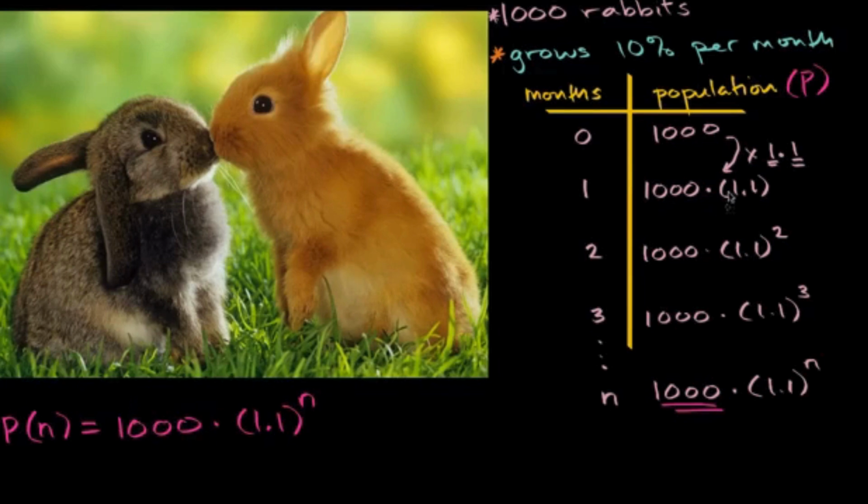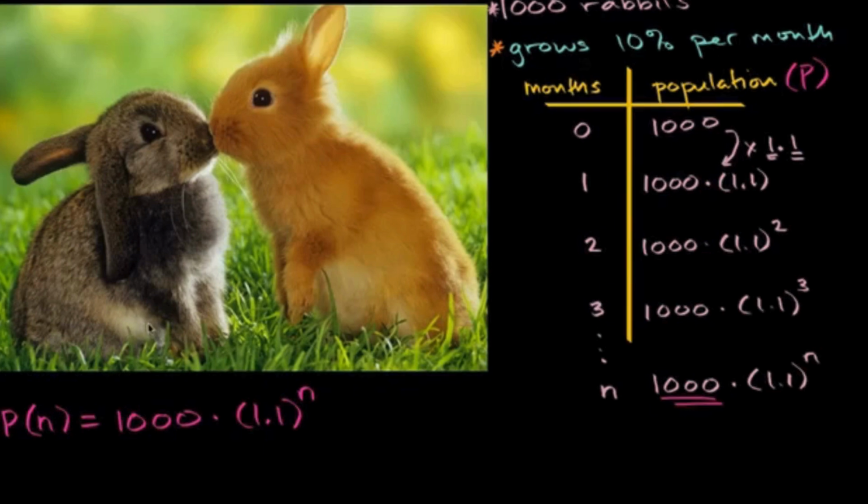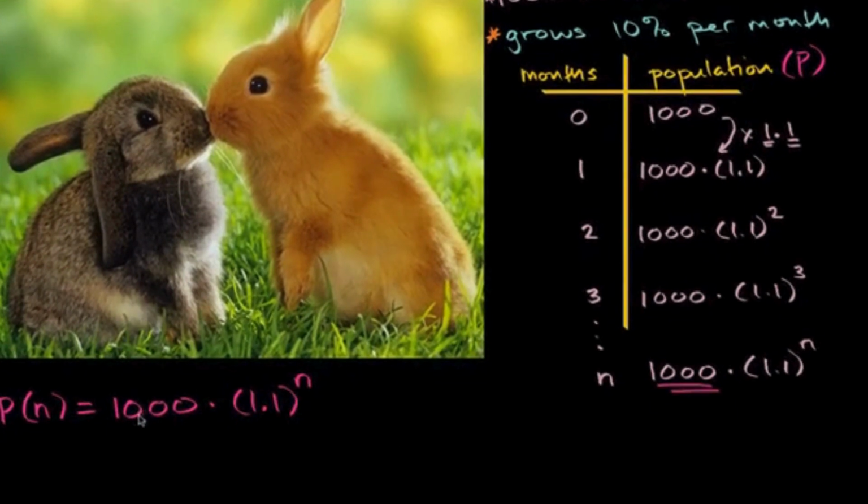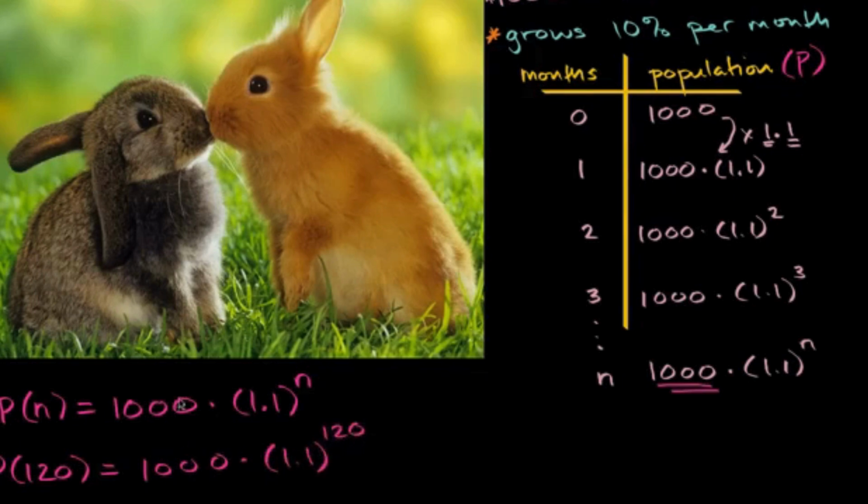And you might say, okay, well, this makes sense. It doesn't look like we're getting crazy numbers. But just for kicks, let's think about what's going to happen in 10 years. So 10 years would be 120 months. So the population at the end of 120 months is going to be 1,000 times 1.1 to the 120th power. And so let me get a calculator out to do that.